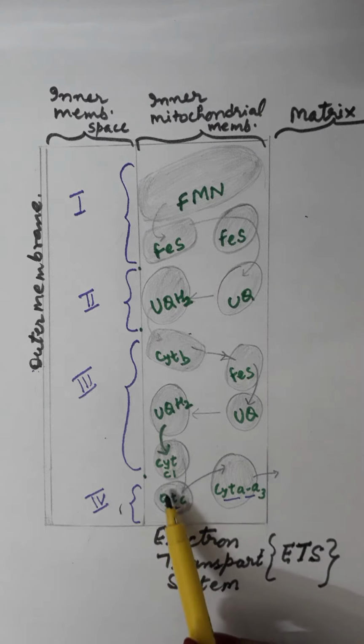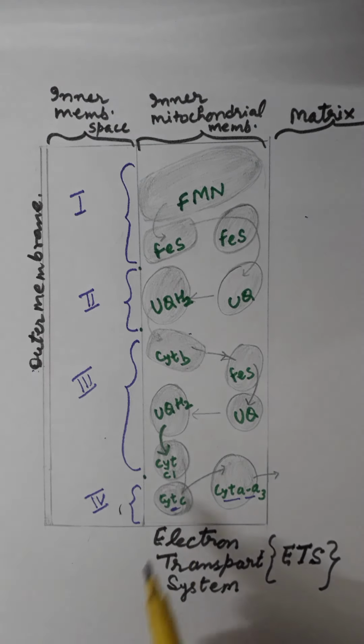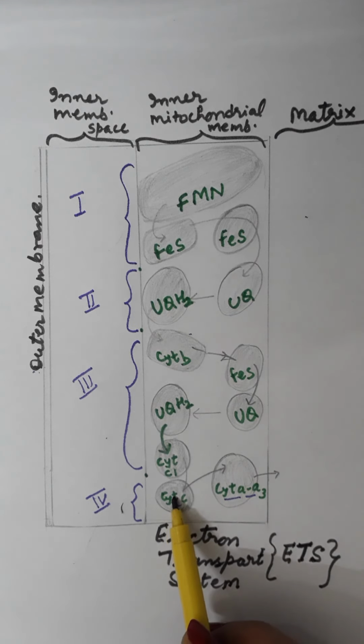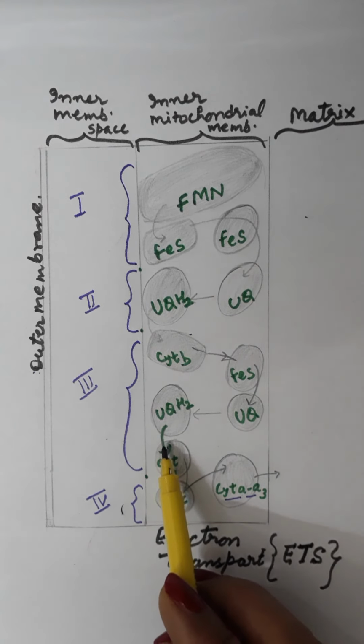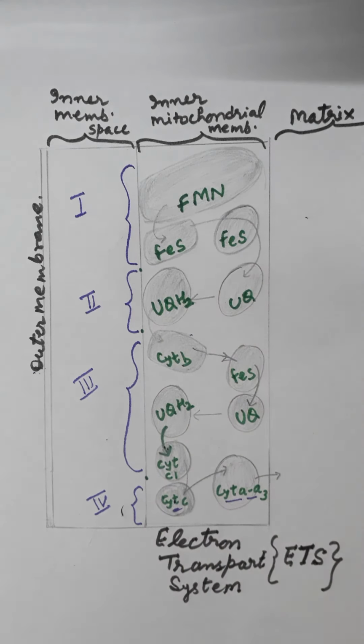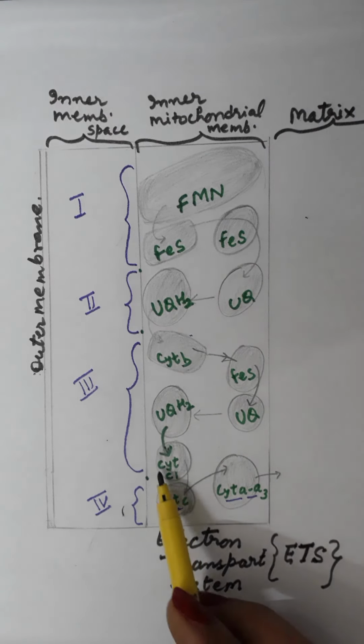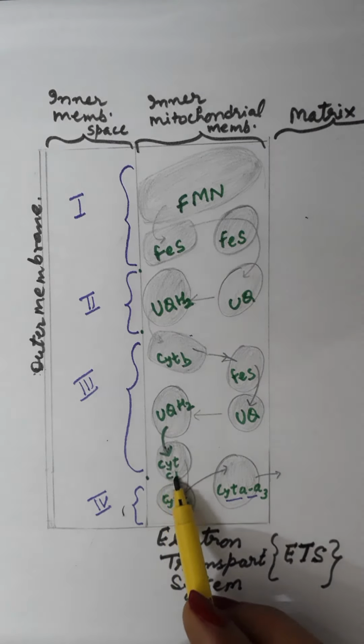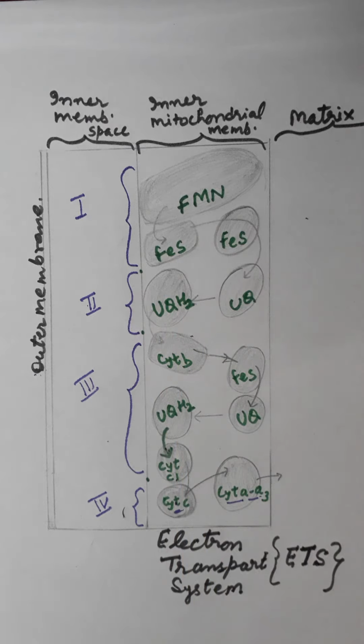That is, electrons are transferred from cytochrome C1 to cytochrome A and then to A3 through this small protein cytochrome C. So these are the electron carriers, divided into four complexes, present in the inner mitochondrial membrane, through which electrons travel. This is known as the electron transport system.